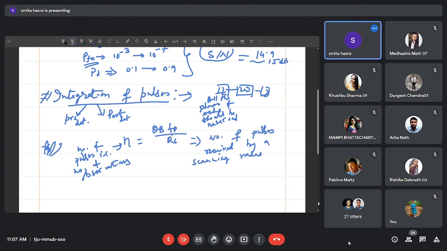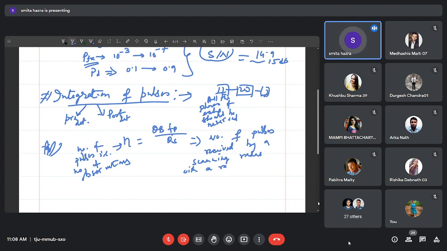So a scanning radar with the rate at a pulse repetition frequency fp and antenna beamwidth theta b.